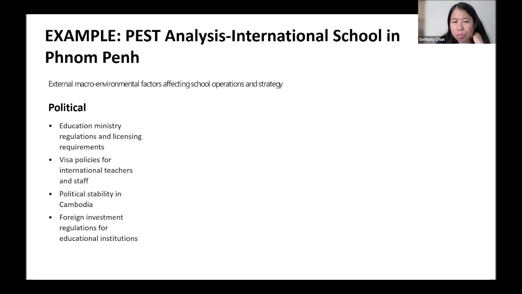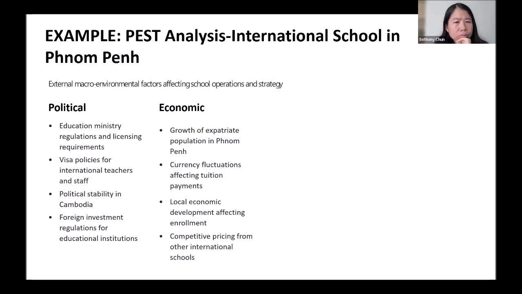Visa policy for international teachers and staff. So if we open an international school, we need to look at whether there's a restriction on visa policy or not. So this is part of the political. Political stability is very important, whether we are stable or not, we need to look at that. And then foreign investment regulation for educational institutes.